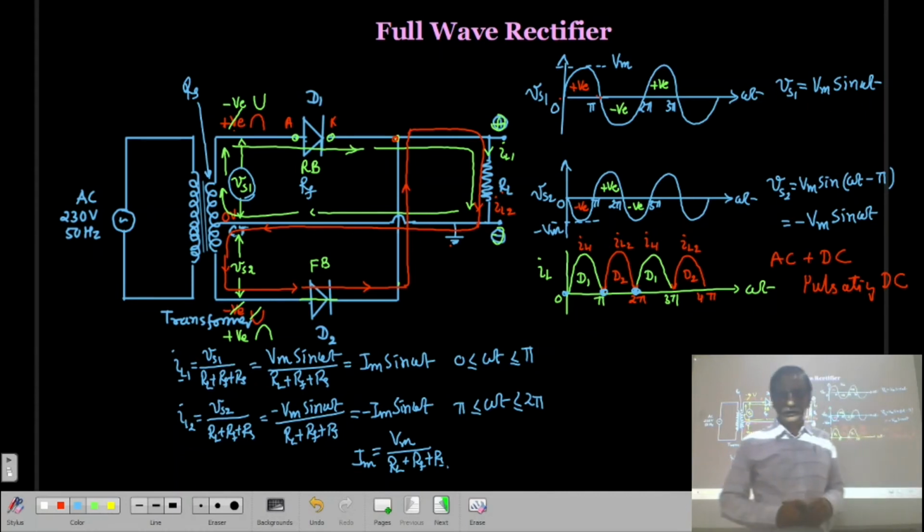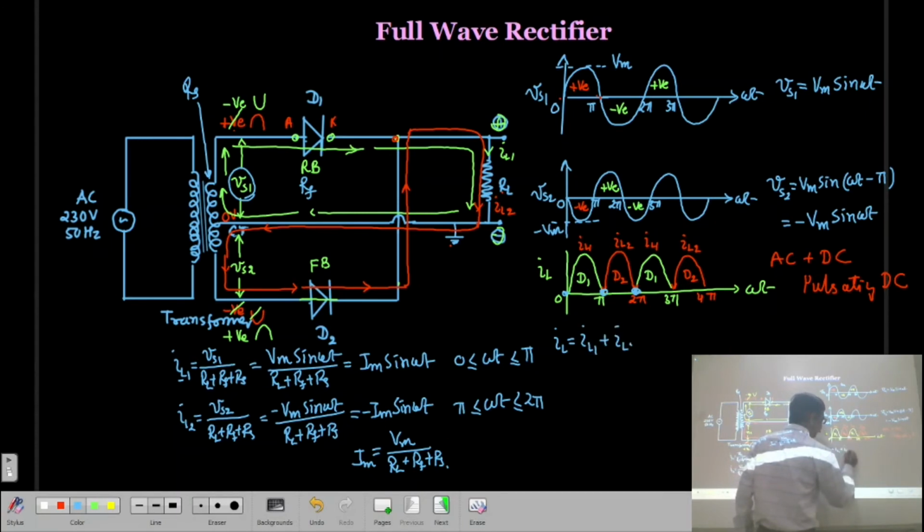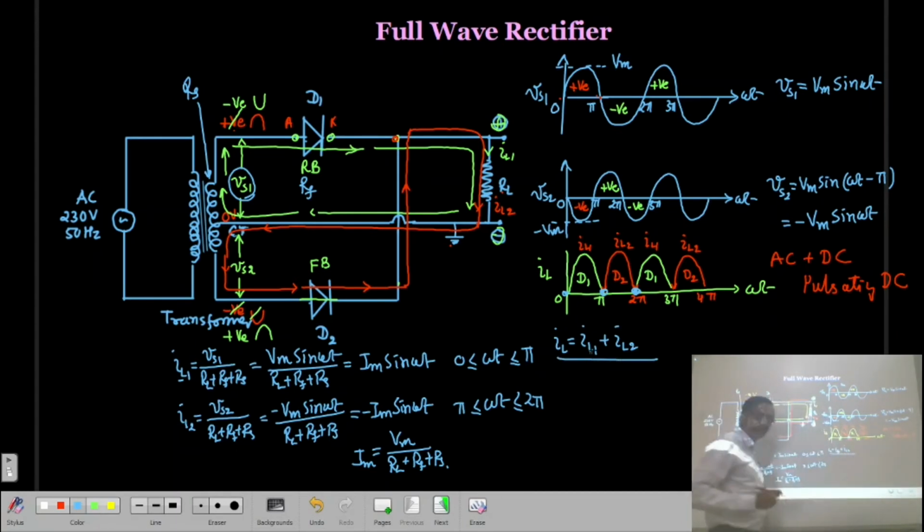So what is the total current? The total current of this rectifier we can write as IL is equal to IL1 plus IL2. Now remember, here IL1 is plus Im sin omega t and IL2 is minus Im sin omega t. So it doesn't mean that the total current is zero. You cannot take this kind of algebraic summation, otherwise the load current will be zero.